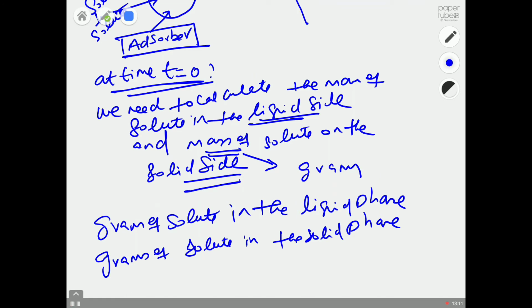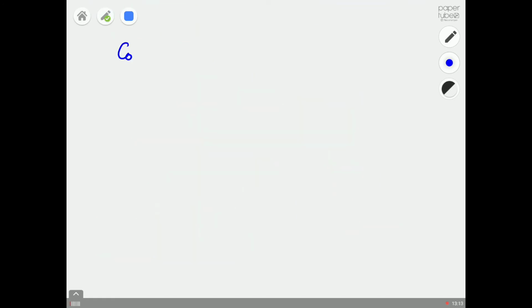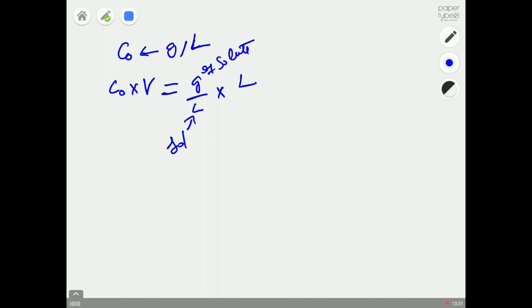So it's very simple. If we know the initial concentration is expressed in grams per liter, we just multiply it by the reactor volume. That is grams per liter multiplied by liter. This is grams of solute per liter of solvent, and this liter is the reactor volume, or you can even call it the volume of the solvent.